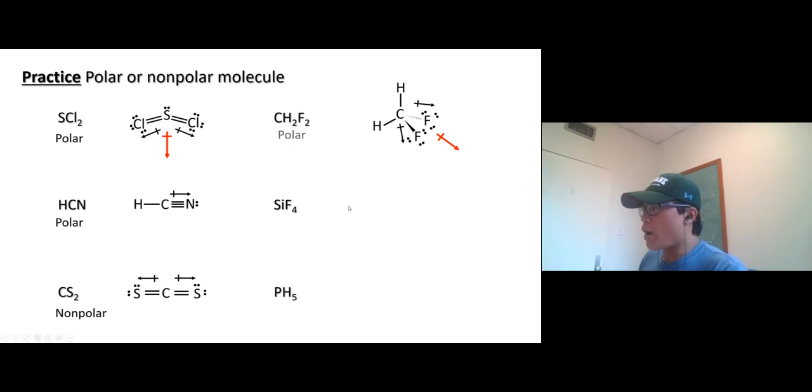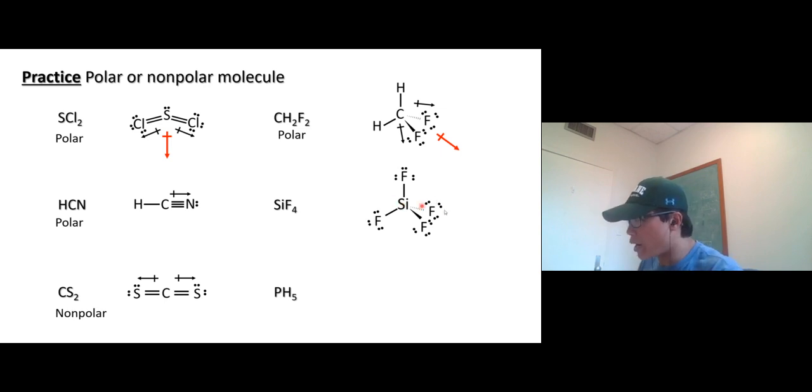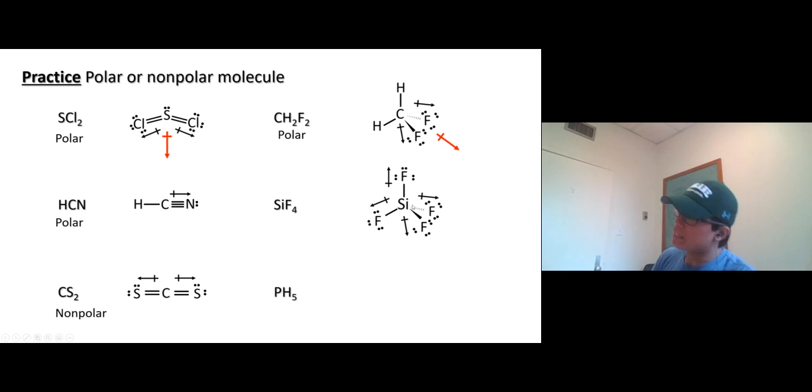Next one, we have silicon tetrafluoride. This is totally tetrahedral as well. For the dipole moment of each bond, the silicon-fluorine bond right here goes toward fluorine, and the silicon-fluorine bond right here goes toward fluorine. In a tetrahedral structure, all the dipole moments cancel in the middle, so the net dipole moment is basically 0, so nonpolar.